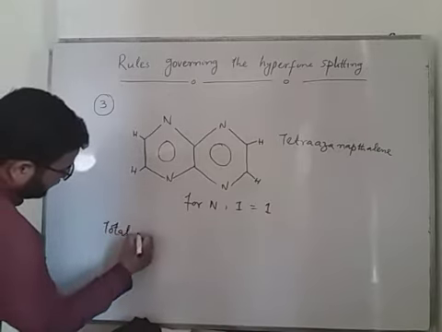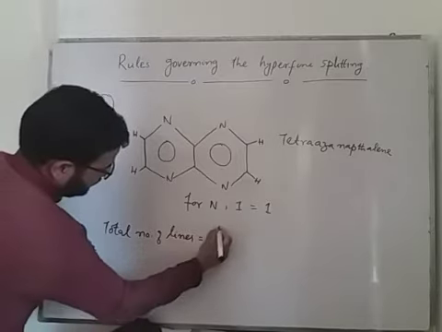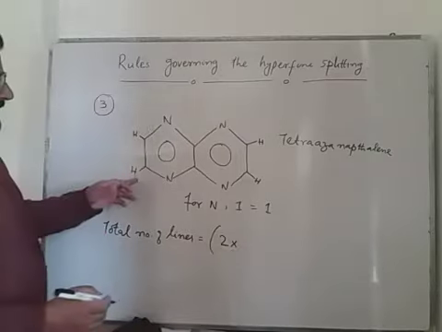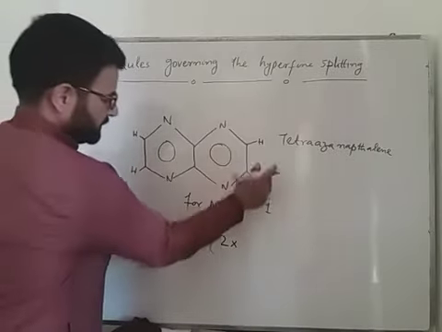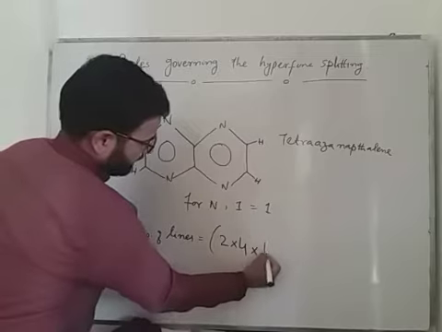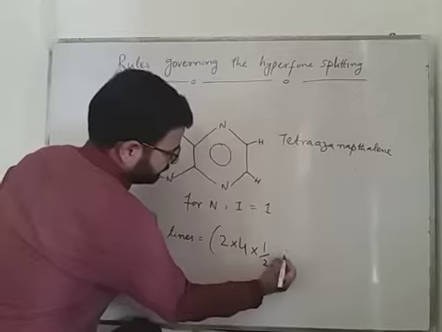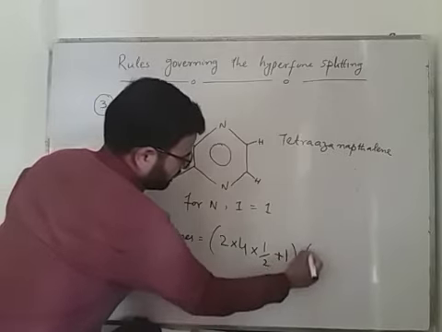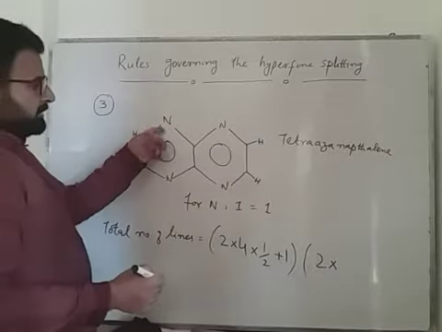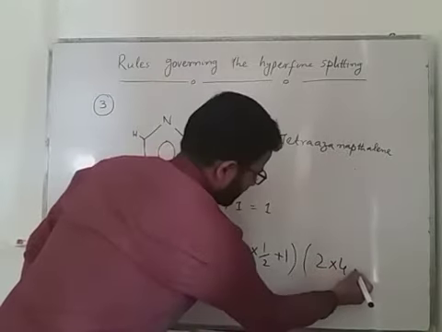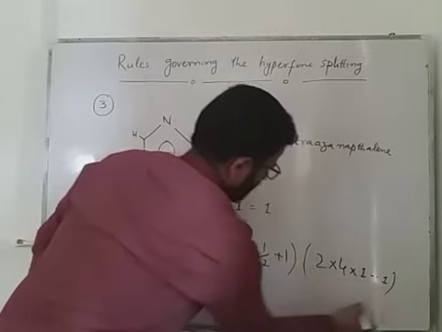Total number of lines will be equal to, firstly we will write for protons, 2 multiplied by, here are 4 equivalent protons, so 2 into 4 multiplied by 1 by 2, spin of the proton, plus 1, multiplied by 2 into, now we will take nitrogen, 4 in number, into its spin is 1, plus 1 from the formula.